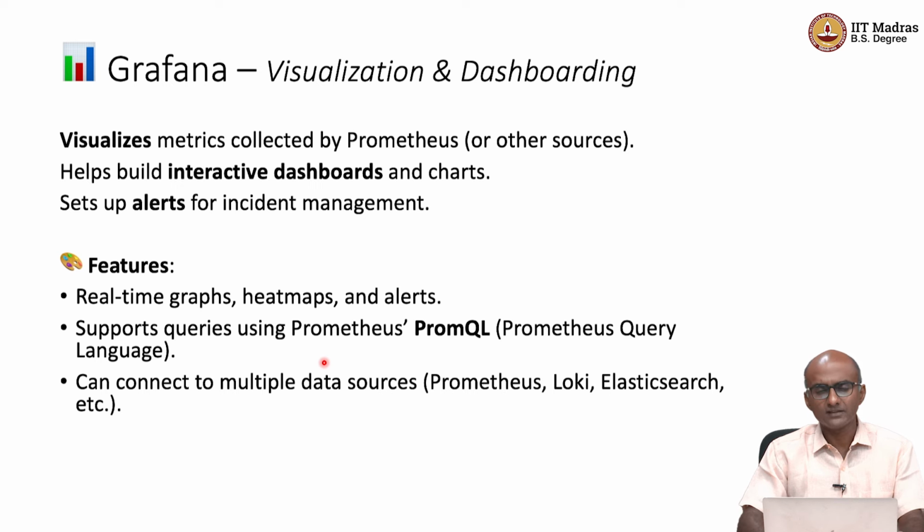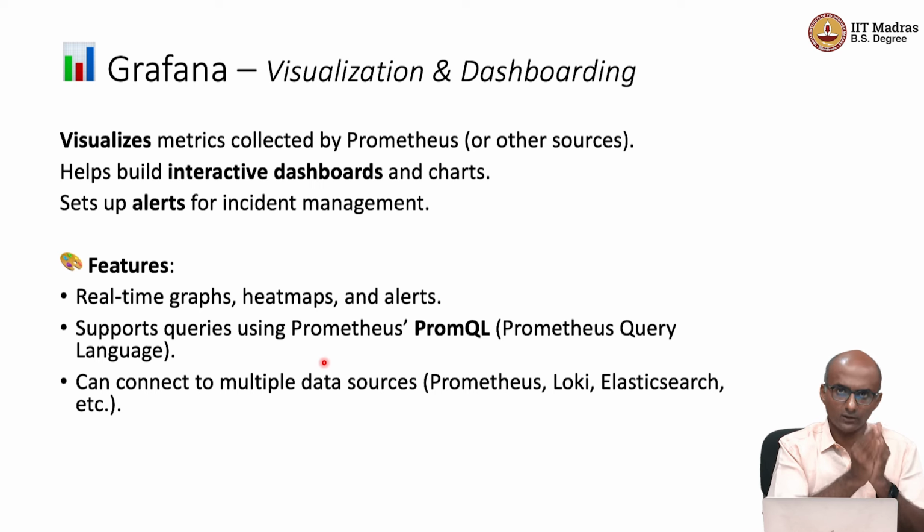The last technology that's interesting in the modern observability stack is Grafana. This is meant to be the de facto tool that's used for visualization and dashboarding. So OpenTelemetry allows you to pump data out from your apps. Prometheus allowed you to collect all this information in time series databases and then did aggregates or alerting on top of that.